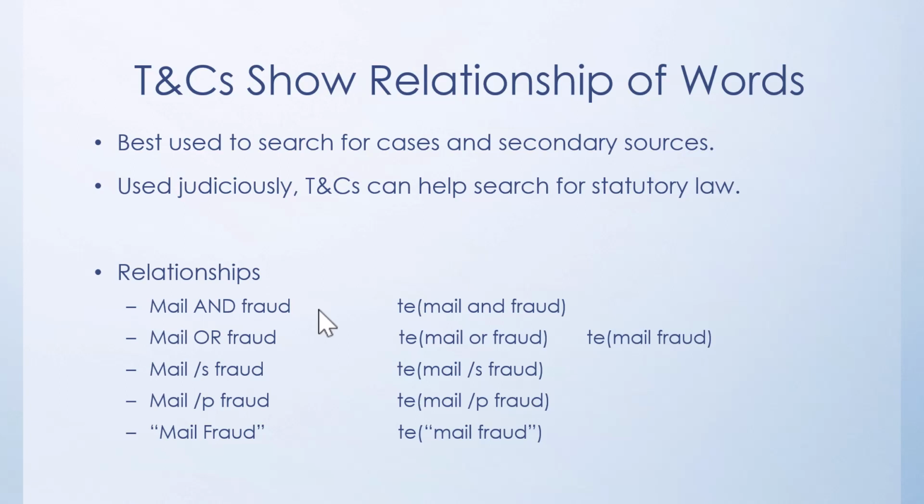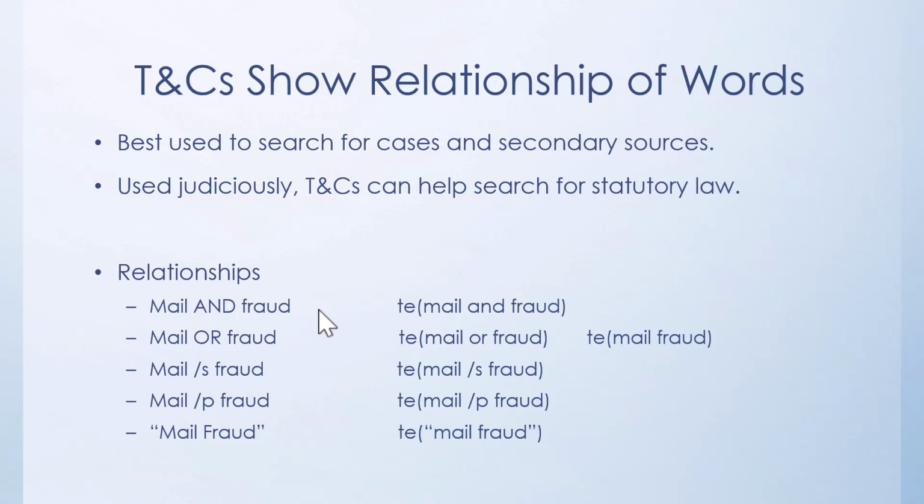If I'm looking for mail /s fraud, it's going to find every document where the word mail is in the same sentence as fraud, and it doesn't have to be in any particular order with that connector. /p means mail will be within the same paragraph as the word fraud, in no particular order with that connector. And finally, it'll look for documents that only have the precise term mail fraud in them.